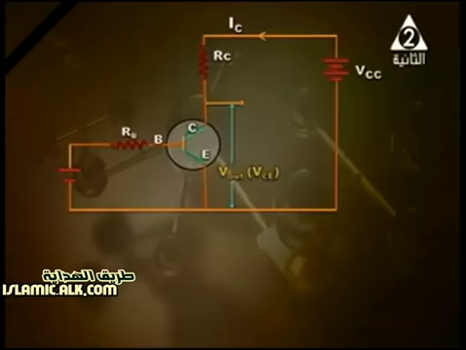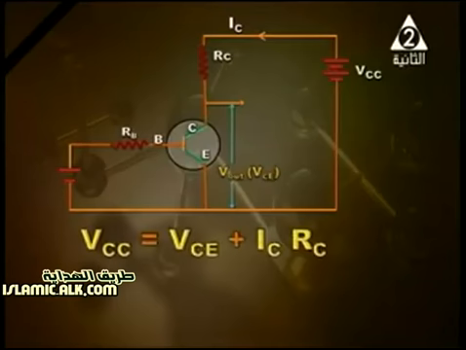In front of you, the base is connected to a suitable positive potential. VCC is the total voltage, and of course it is equal to the sum of VCE plus ICRC. ICRC is the voltage across the collector. VCE is the output voltage.